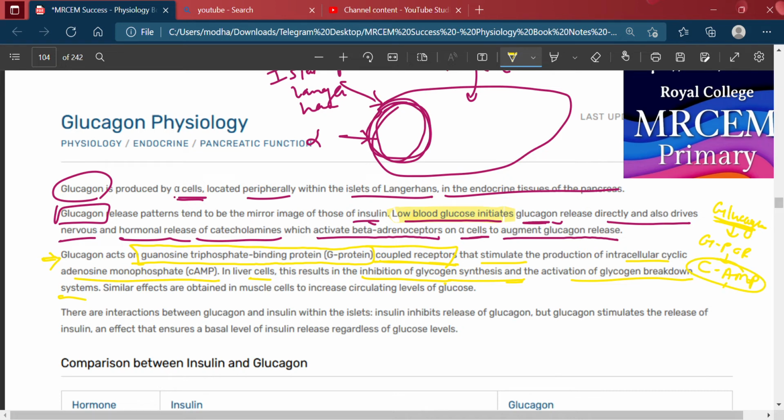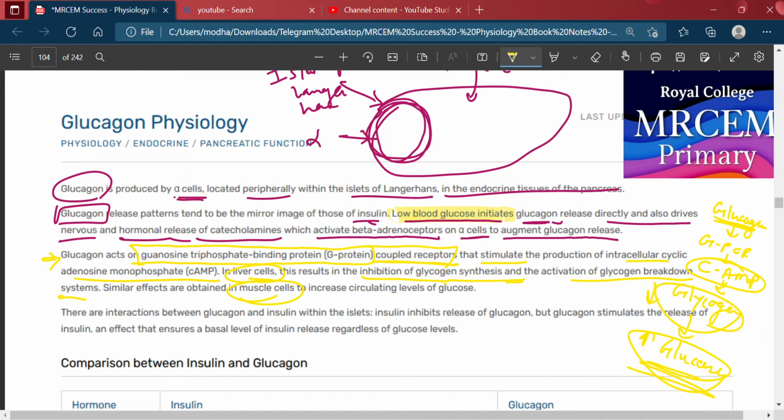In the liver cells and muscle cells, this results in inhibition of glycogen synthesis and activation of glycogen breakdown. The glycogen will be broken down and the synthesis will decrease, so this results in an increase in glucose.